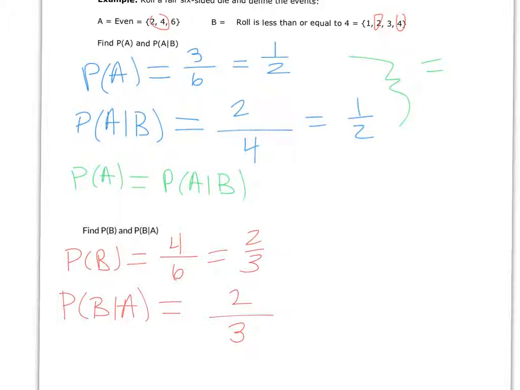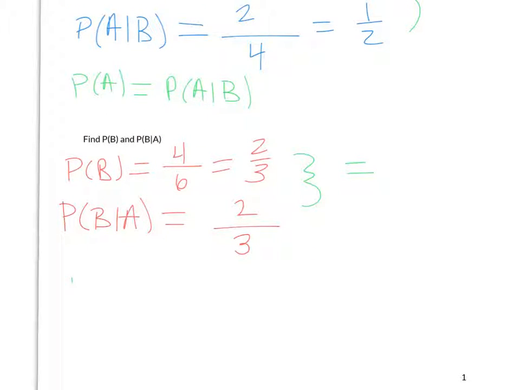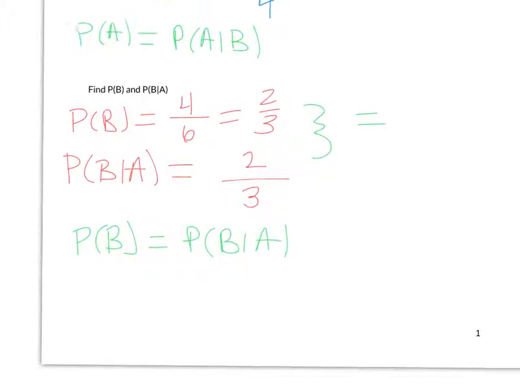So again, we get equal probabilities. That is, the probability of B is equal to the probability of B given A. So it doesn't matter whether A has occurred or not. We get the same probability for B. It stays the same.